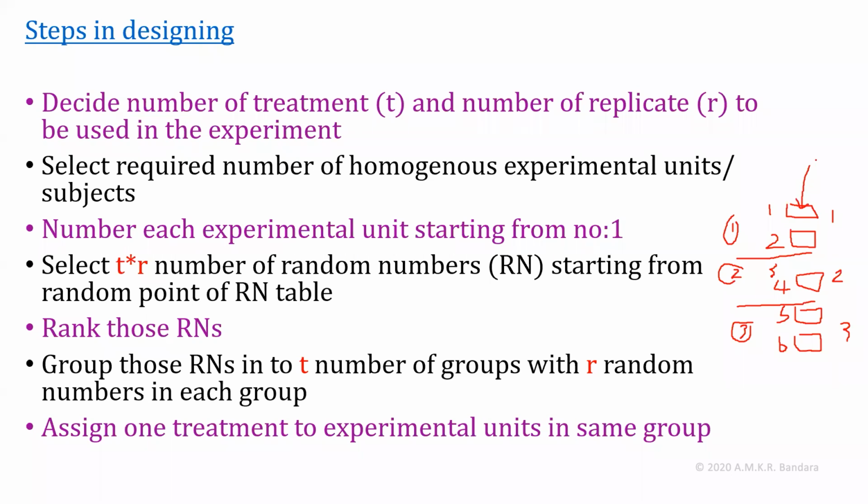Assume this received a rank of 3. So to plot number 3, you apply treatment number 1. This random number received rank number 5. Then plot number 5 also you apply treatment 1, likewise.